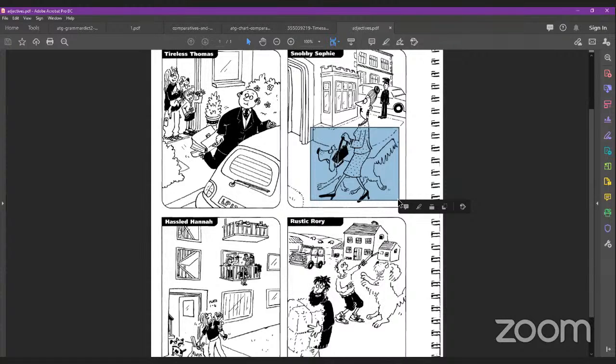Comparative sentences. For this activity, guys, you will have 5 minutes. When you finish, please send the task to our Telegram group. I'm going to share the file. Give me a minute.